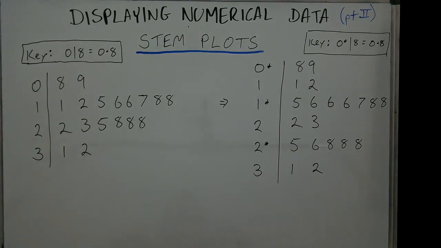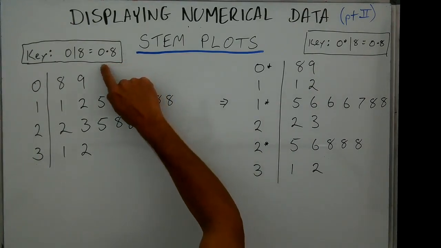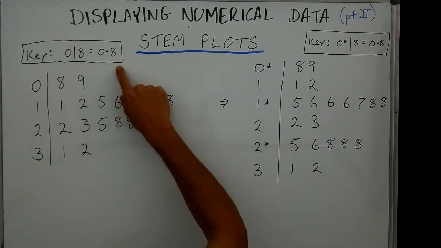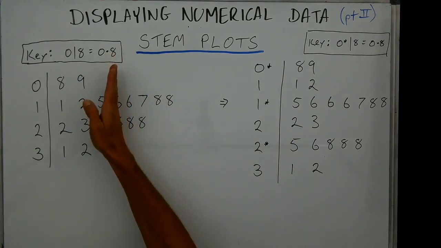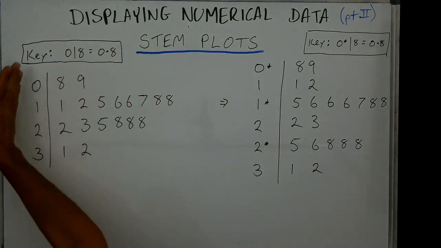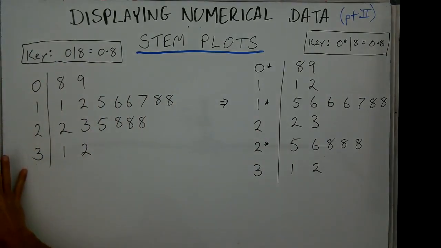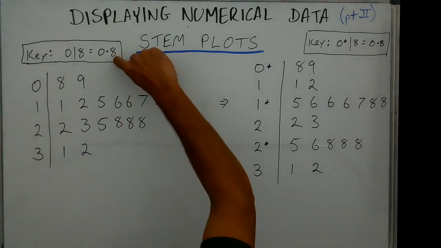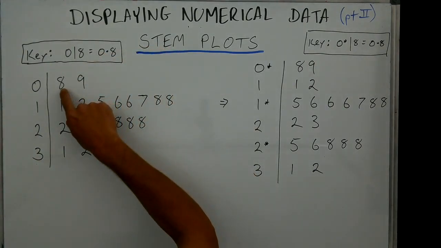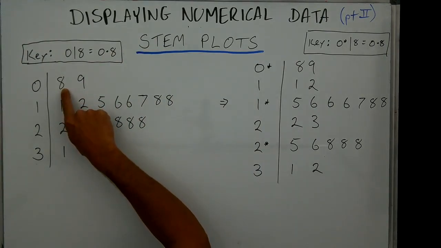So what's happened is, if our piece of data is 0.8, we're taking the first part of the number and writing it down here, and the rest of the data, the 0.8 part, as just an 8.